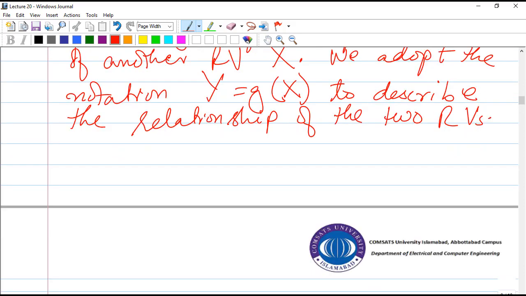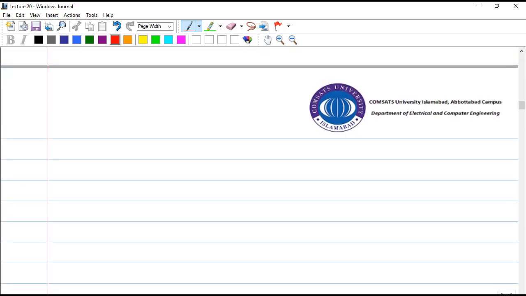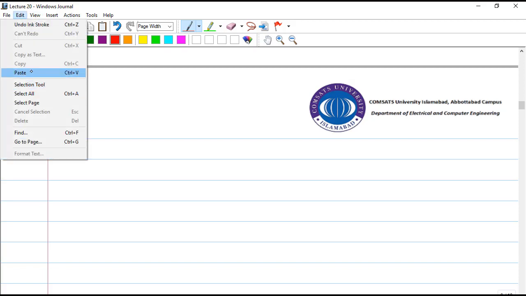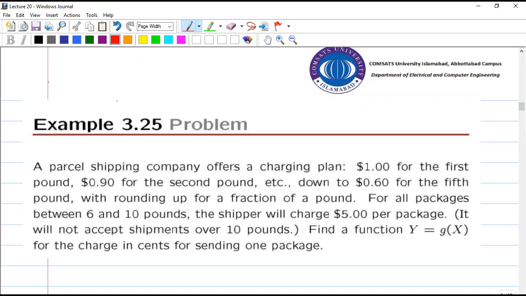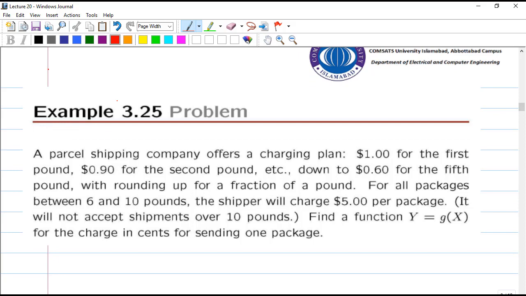So let's look at this example from the book. It's example 3.25. A parcel shipping company offers a charging plan: $1 for the first pound, $0.9 for the second pound, $0.8 for the third pound, $0.7 for the fourth, and $0.6 for the fifth pound, with rounding up for a fraction of a pound.